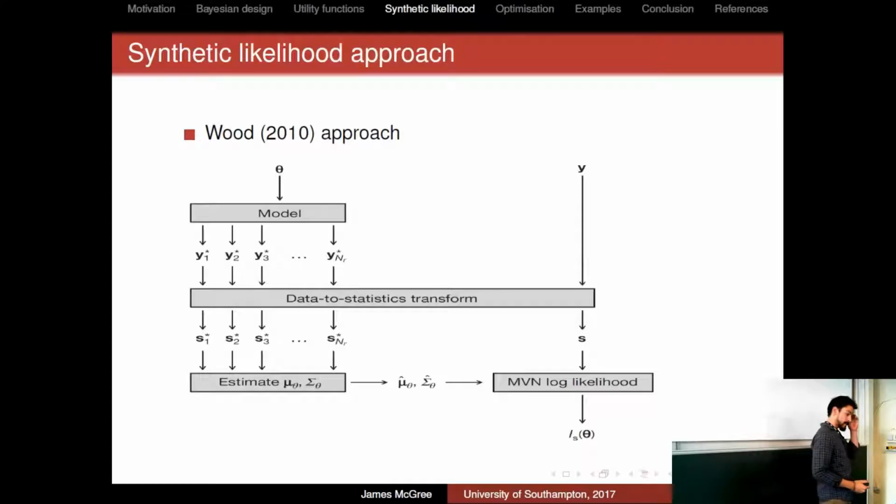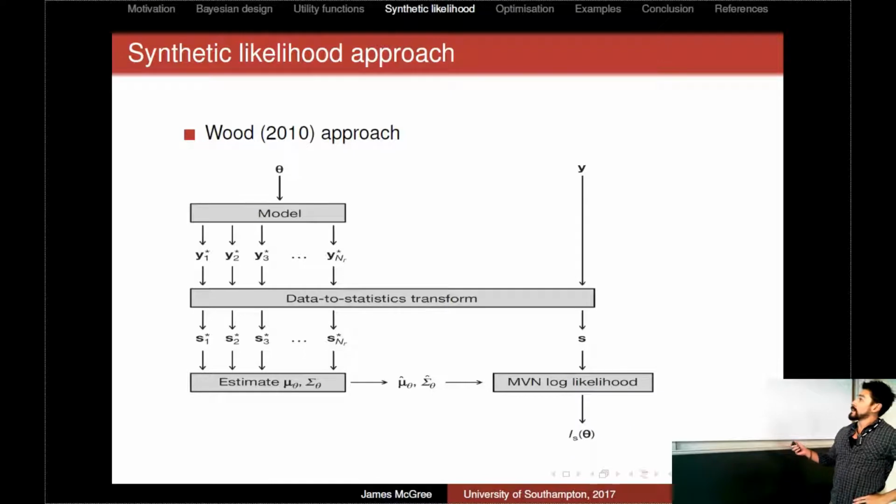Right, so the synthetic likelihood approach. Back in 2010, Wood proposed this method in a paper which appears in Nature, and he was interested in maximizing the synthetic likelihood. What he was interested in is approximating the likelihood of y given a parameter value theta. The way he did this is he generated a bunch of data sets from the likelihood.